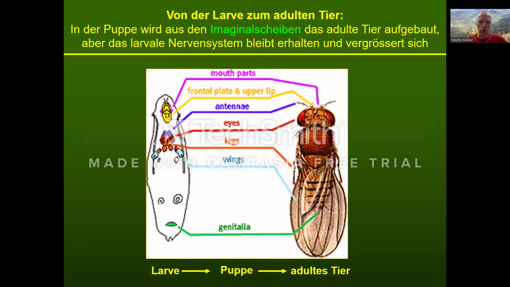They are just growing. But then, during the pupal stage, many of the larval structures are digested away, they decay, and from these imaginal discs, the adult animal is composed.